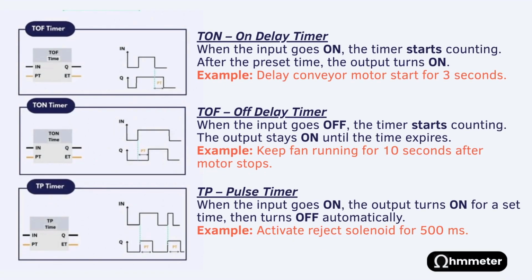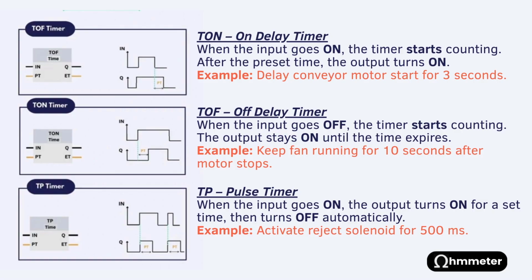Siemens PLCs give us three main timers, and it's critical to understand the difference between them. The first timer is T-on, or on-delay timer. In this timer, when the input goes on, the timer starts counting, and after the preset time, the output turns on. The second one is T-off, or off-delay timer.